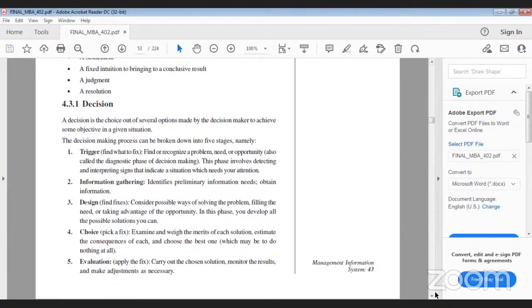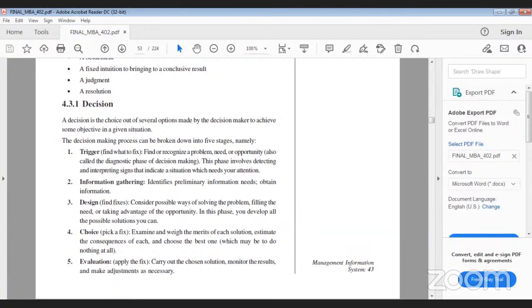Design: consider possible ways to solve the problem, fill the needs, or take advantage of the opportunity. In this phase, you develop all the possible solutions. Next is choice: examine and weigh the merits of each solution, estimate the outcomes of each, and choose the best one.